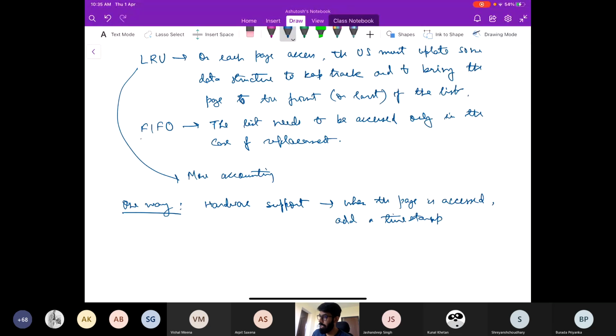This can be saved either in the page table entry, or you can have a list of frames, and the entry will tell when it was accessed.